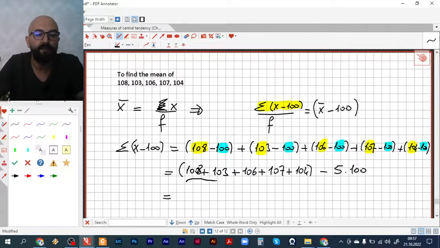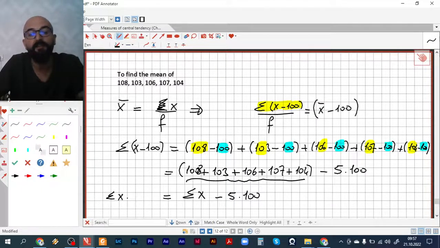So I want to go on to arrange. For example, I can write this process: the sum of x minus 5 times 100. And please notice that the sum of 100 less than x equals the sum of x minus 5 times 100, because we have 5 data.